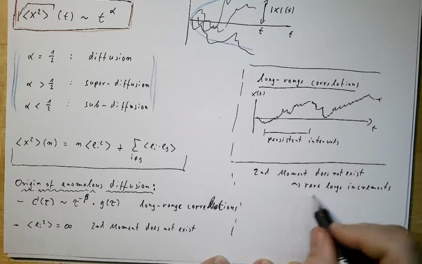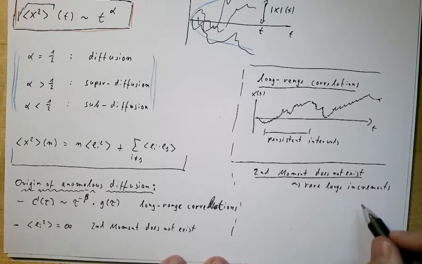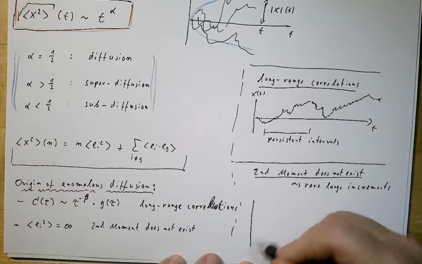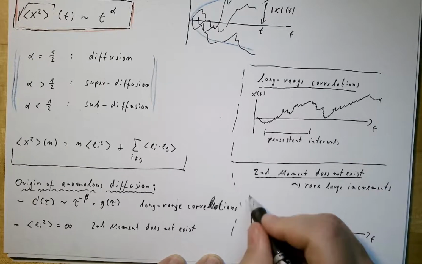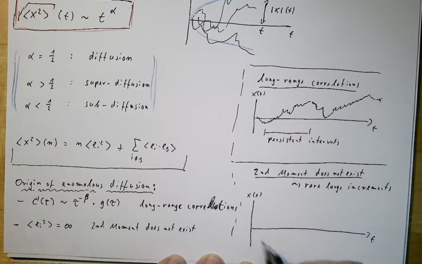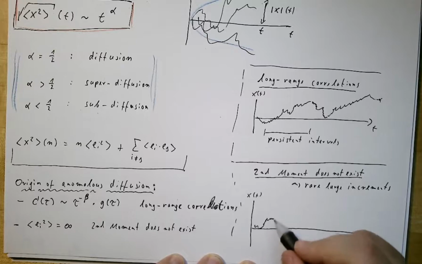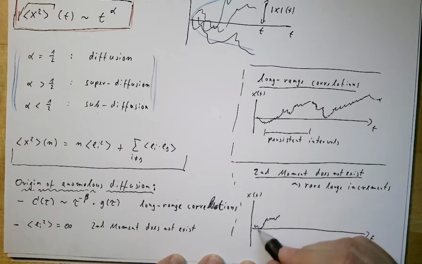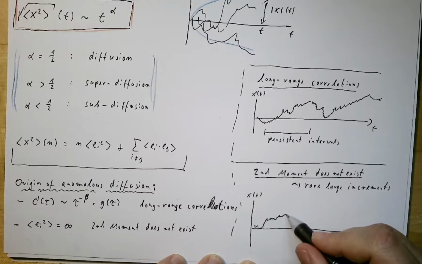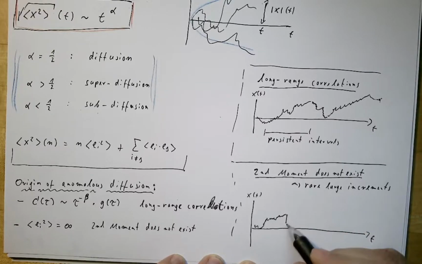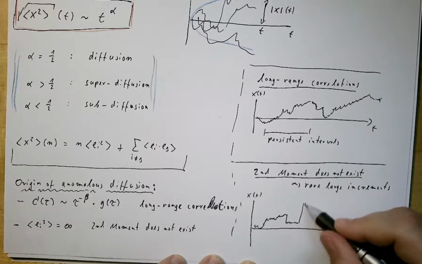We will see this very soon in the next videos. So how does the walk look then? We don't need long-range correlations, so the increments can be uncorrelated. Very often we have small increments, but then suddenly we also have a larger increment, so we have a jump in the random walk, and then maybe another jump.